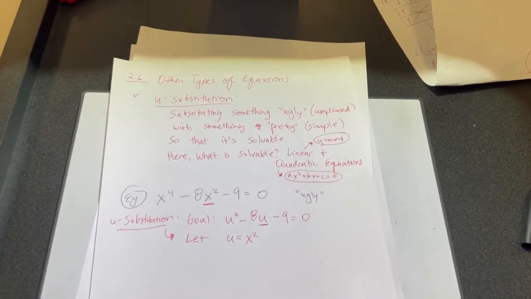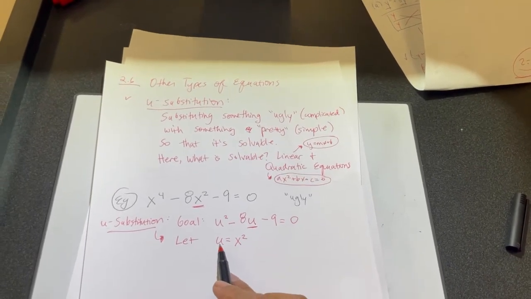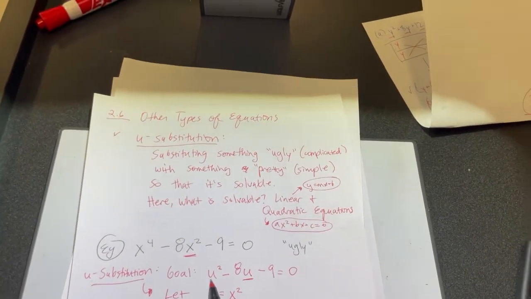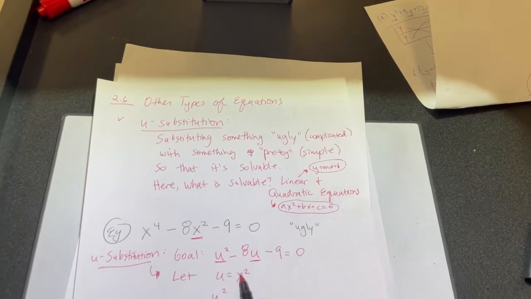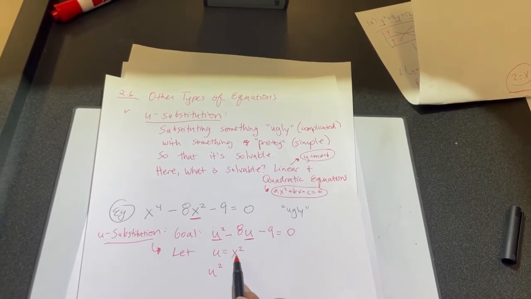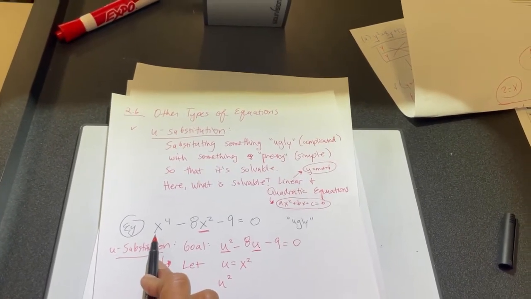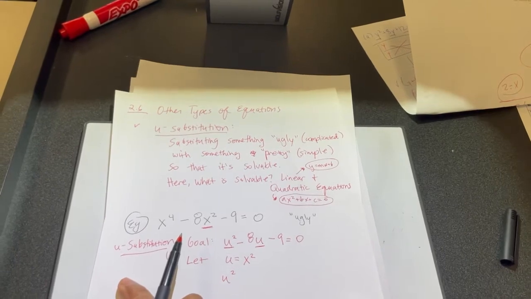However, this only works if, when I square u, because there's going to be u squared, right? If I square this term here, x squared, it better give me x to the fourth. If it doesn't give it to me, then it does not work, right?